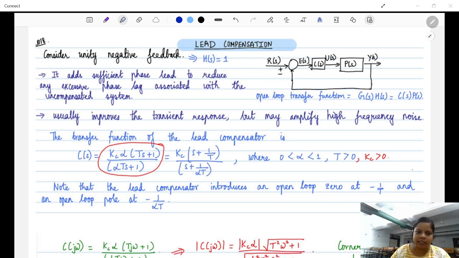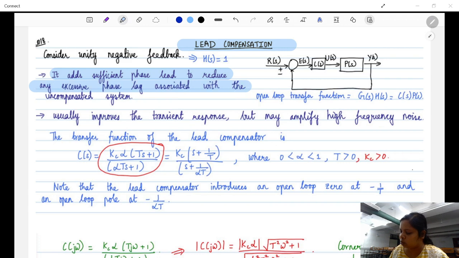So let's start with the lead compensator. Why do we actually require it? Because it adds sufficient phase lead to reduce any excessive phase lag associated with the system. We already read about gain margin and phase margin, right?